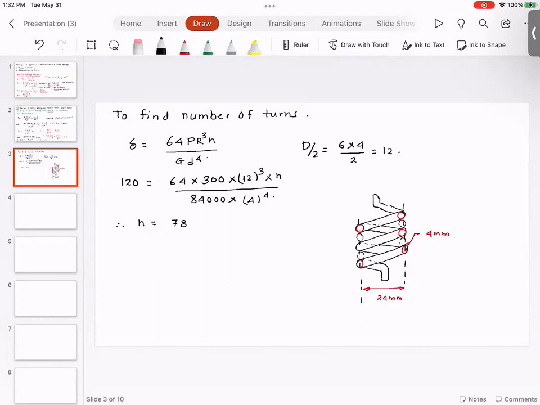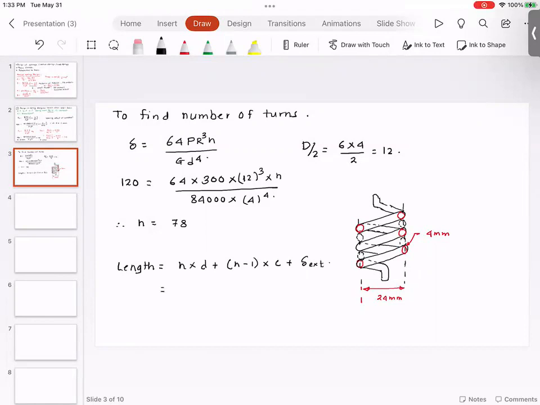So that's why the total length is going to be N multiplied by small d plus N minus 1 multiplied by C plus delta external.